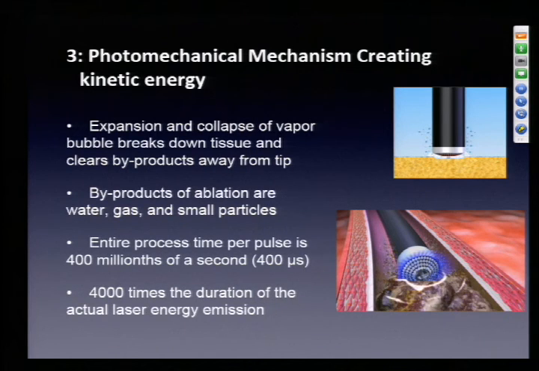Then we have a third effect, which is a photomechanical effect, whereby there's expansion and collapse of a vapor bubble. That breaks down tissue and clears byproducts from the tip of the laser. These byproducts are water, gas, and very small particles. The importance here is that we want very small particles, because as you go down the coronary tree, you get to microvasculature.